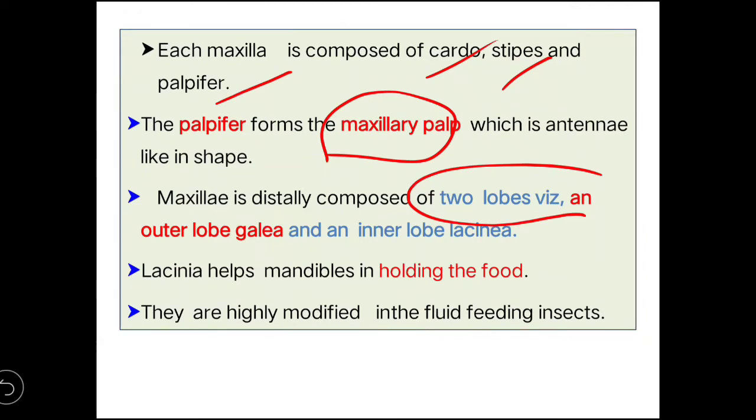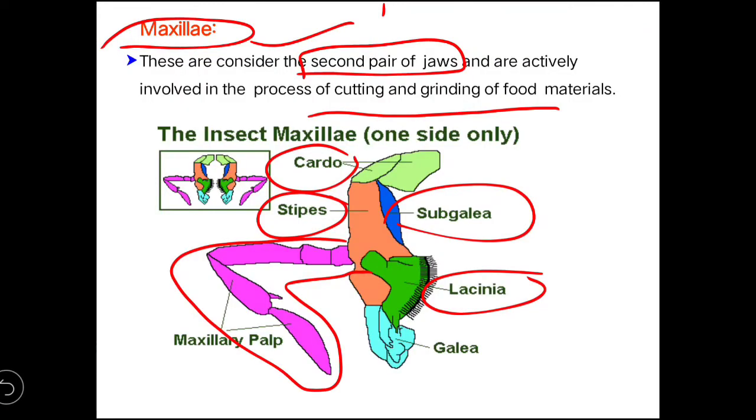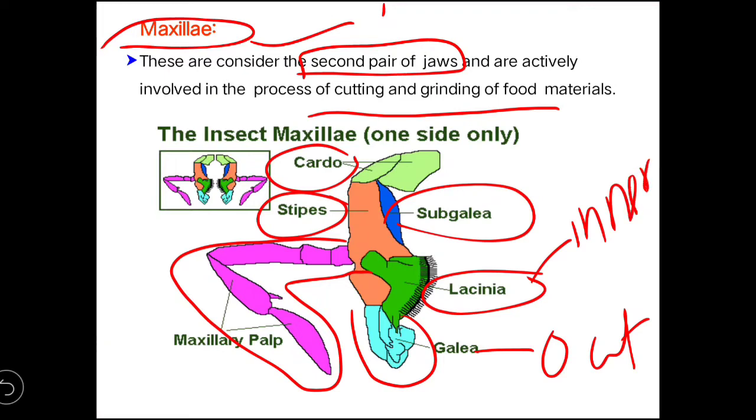One is the outer lobe, that is the galea, and the inner lobe is the lacinia. So you can see two lobes here. On the outer side it is the galea. The galea is the outer lobe and the inner lobe is the lacinia. So you have to always remember which one is the inner lobe and which one is the outer lobe of the maxilla.